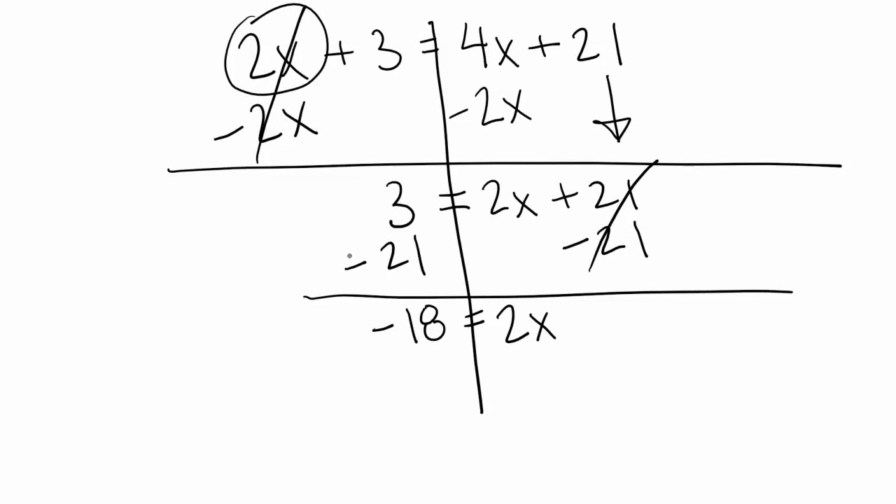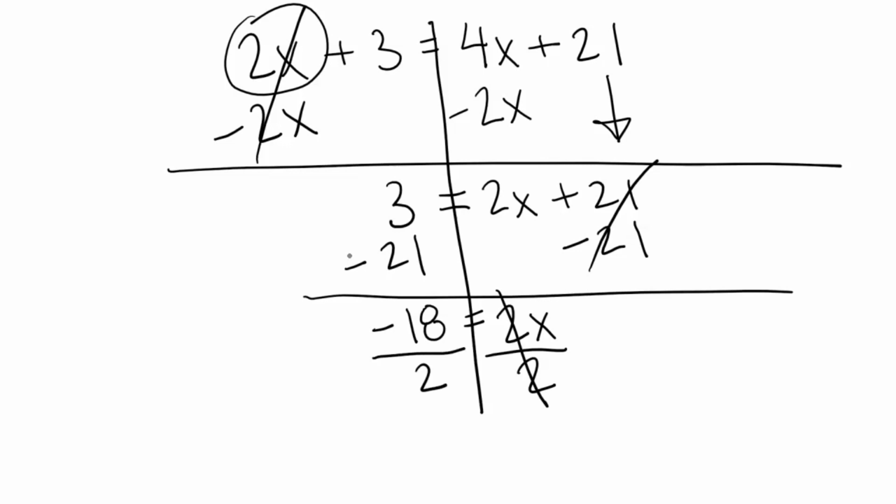Okay, we're getting closer, but my x is still not completely alone. So this 2x means 2 times x. So the opposite of timesing is dividing. So I'm going to divide by 2. And again, they are just going to divide to 1. So 1 times x is just x. And then I have to do the same thing on the other side.